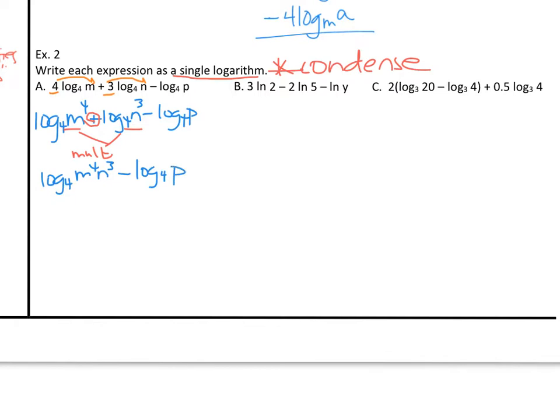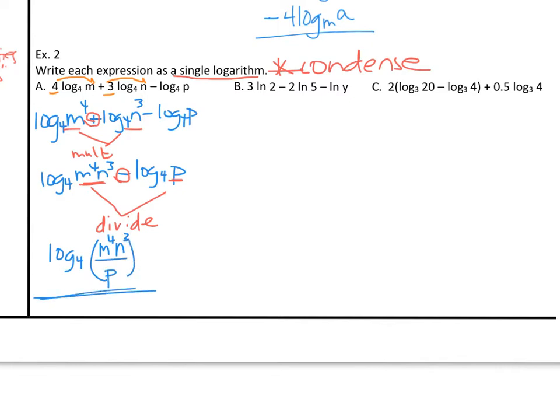To condense the subtraction, what we'll do is we'll take the 2 terms and the 1 term on the left, and now we'll treat them like a fraction and divide. When we're done, we're only going to have one logarithmic prefix, base 4, and it's going to be of the entire fraction, m to the fourth n cubed all over p. There's condensing to one logarithmic term.